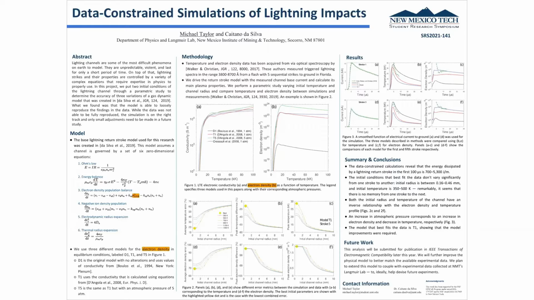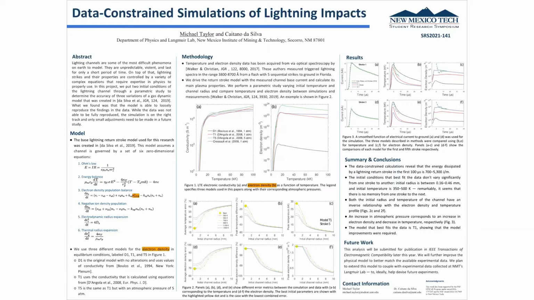You can see the differences between the models in figure 1. This shows why we needed to implement the models, because in section B of that figure, the original model did not have the peak electron density that we were looking for. It wasn't able to reach that.